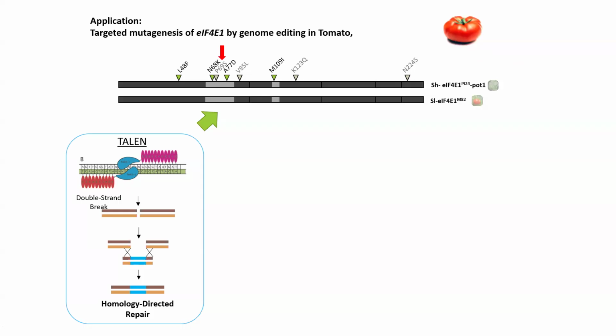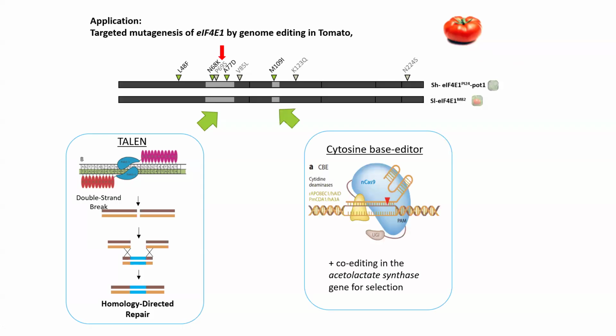But if we had to redo it, we would use CRISPR and a template that will be inserted through HDR in region 1 to insert a mutation. And for region 2, we used a cytidine-based editor, so exactly the same system we used previously for Arabidopsis.